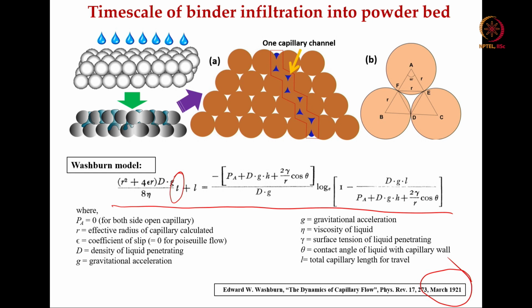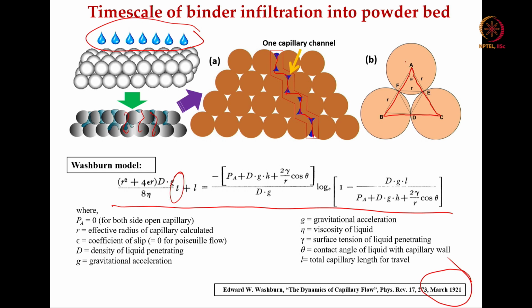So, what you see is an avalanche of binder droplets which will essentially infiltrate into the powder bed, and this capillary channel, which you can see in the blue ink region, is what the binder infiltrates. We can purely go through simple geometric considerations.